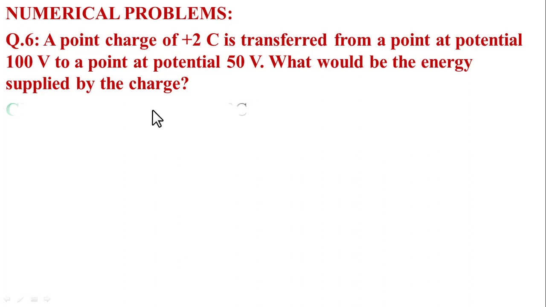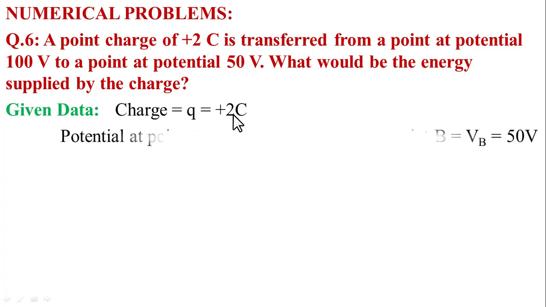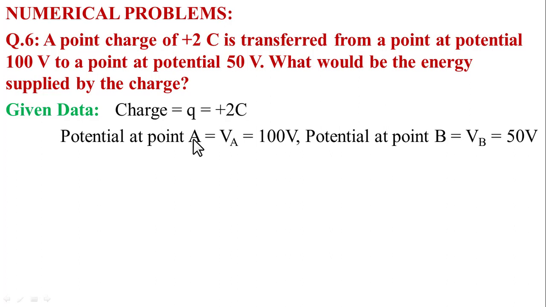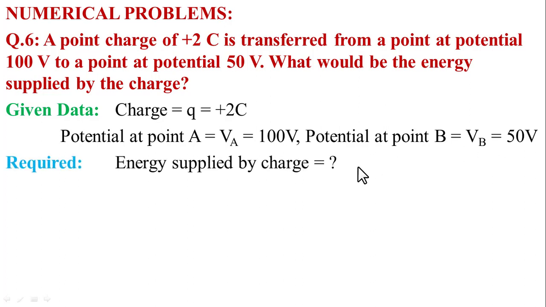Here, first of all, write the given data. Charge Q is equal to plus 2 coulomb, potential at point A, VA is equal to 100 volt, and potential at point B, VB is equal to 50 volt. Here required: energy supplied by the charge.